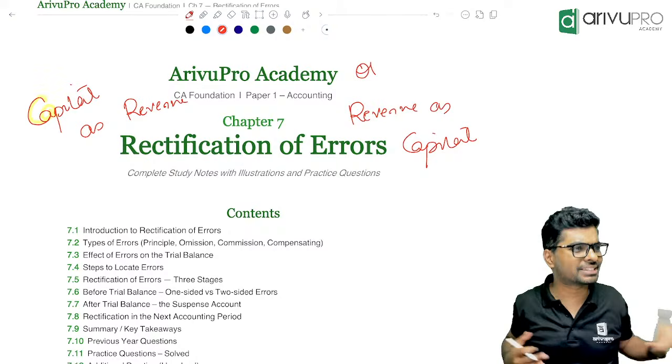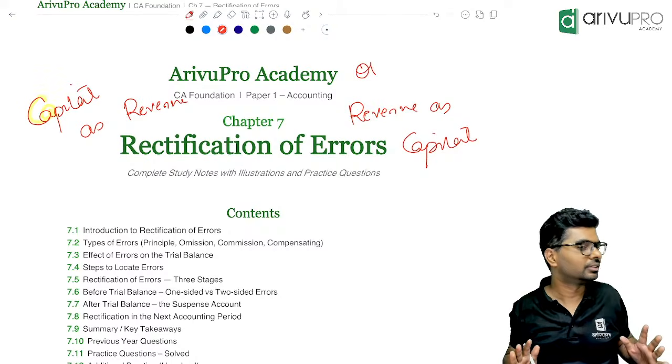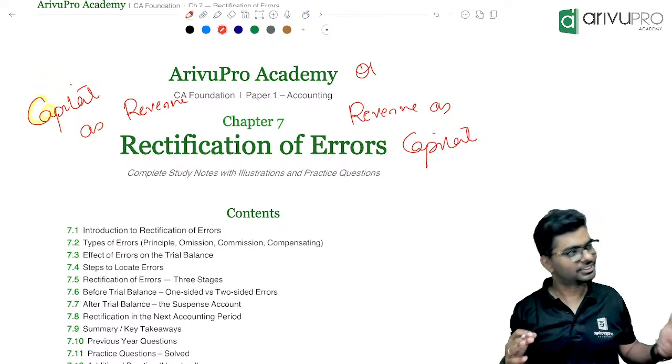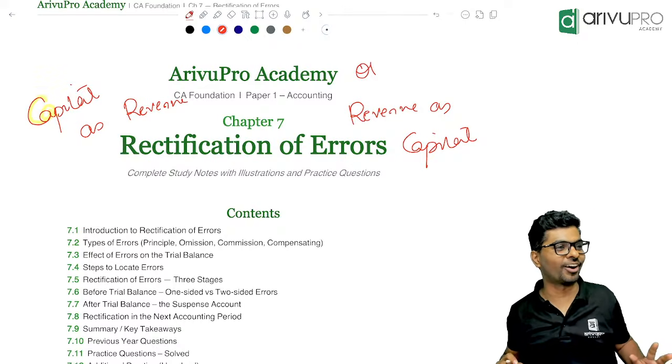Sir, what is this? Did not understand. Science students will run away. Correct? So she's already sitting in the corner to run.